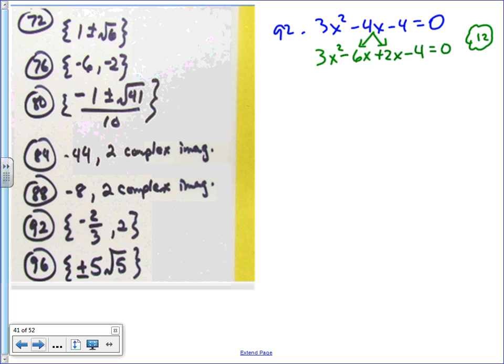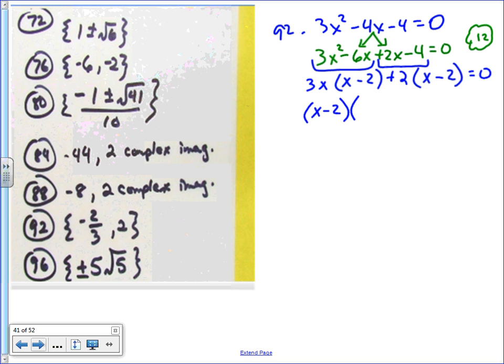So now I have a problem I can factor by grouping, and the common factor in the first two is 3x, leaving x minus 2. In the second pair of terms, the common factor is a positive 2. That leaves an x minus 2. And now we know how we factor by grouping. In this case, the parentheses is the common factor, x minus 2. So we bring that out, leaving 3x plus 2.